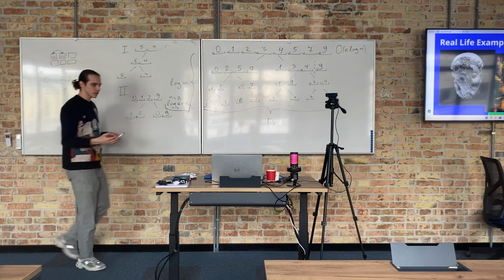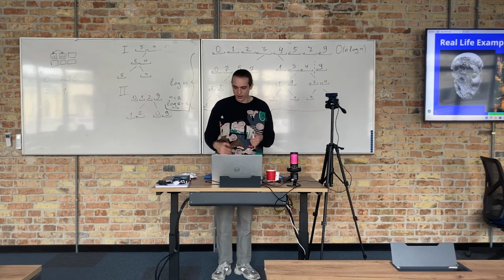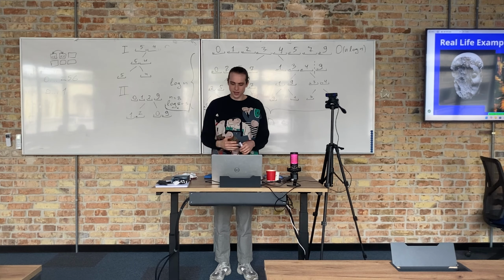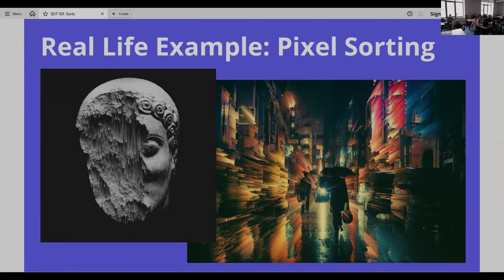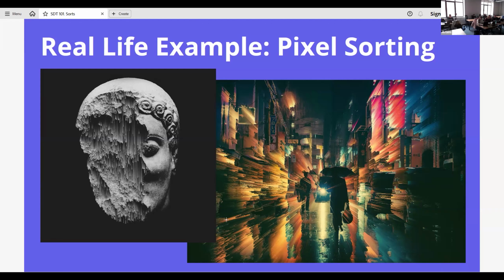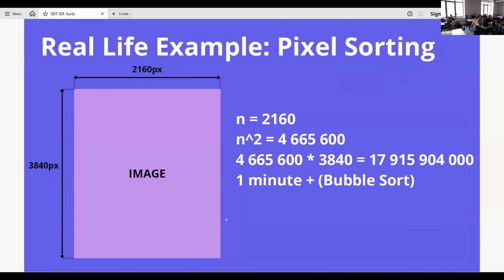And I was lazy when I was creating it. I was excited, and I didn't want to create some complicated sorting algorithm. So I used bubble sort. And for such an image, like a 4K image, we can calculate the number of pixels.